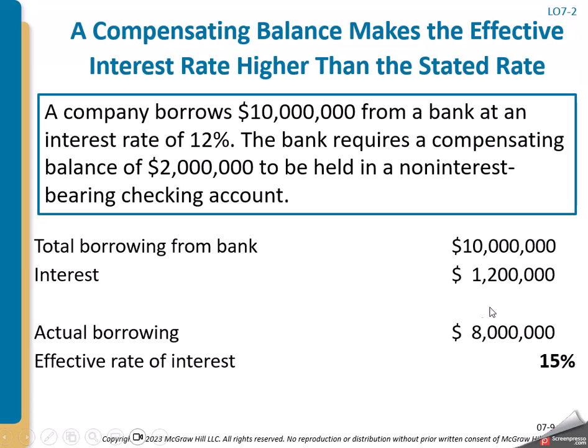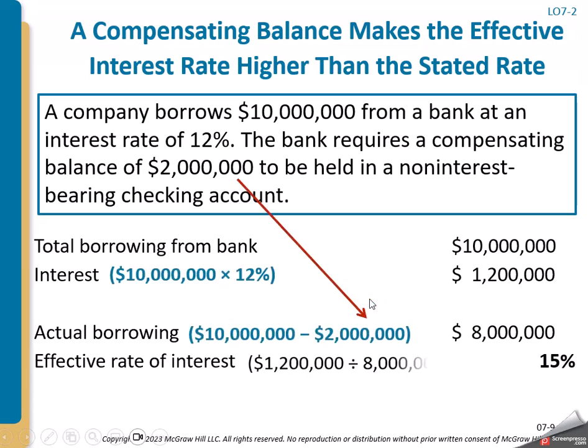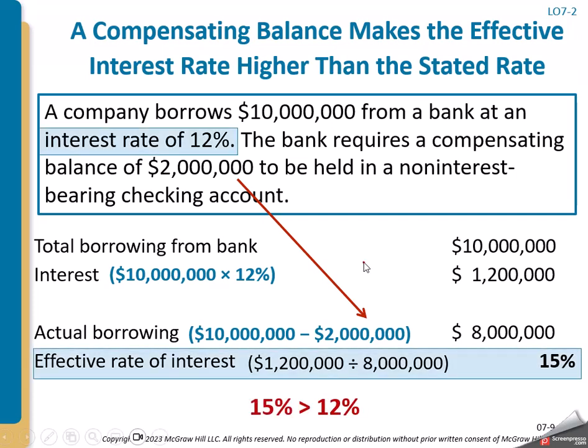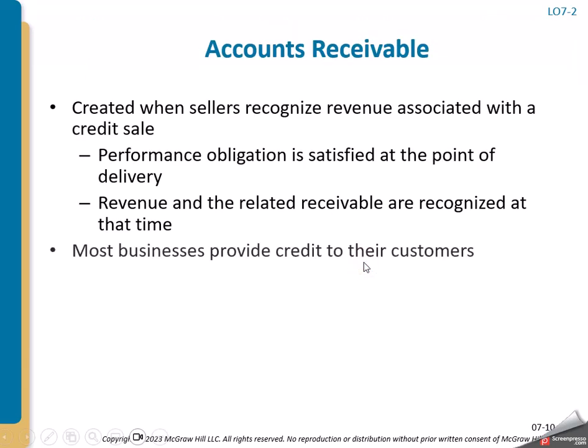They're paying only the 12%, but because they can really only use $8 million of it, it's really charging them 15%. So having those compensating balances doesn't always make sense. If you could get a loan without it, but a lot of times banks do require it.